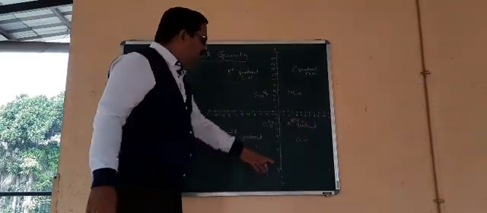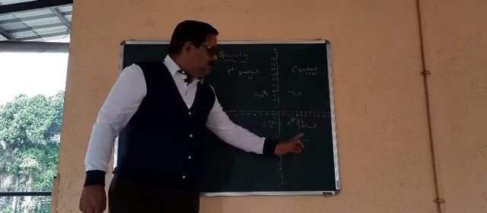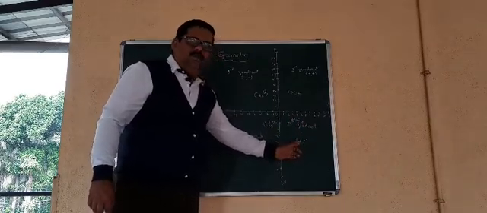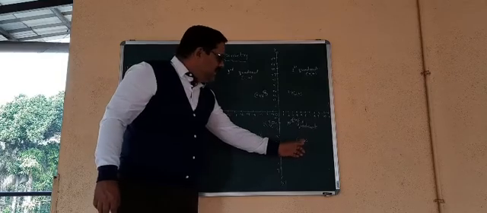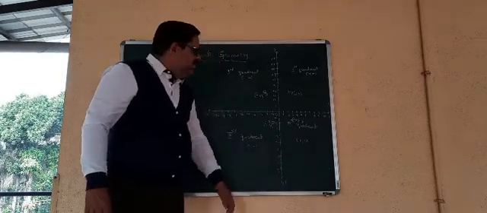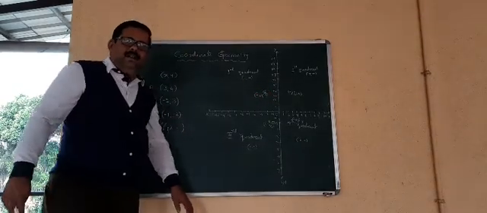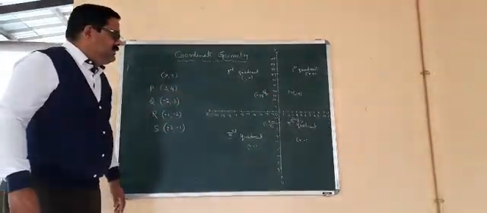So the points in the fourth quadrant always have positive values for the abscissa and negative values for the ordinate. So these are the concepts we learnt in the previous classes.